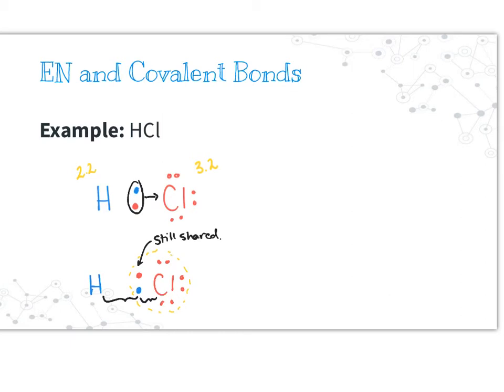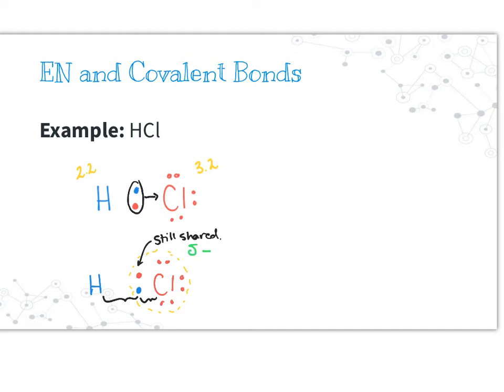If chlorine had a full octet and it owned this blue electron, it would feel negative. But because it doesn't totally own that electron, it's still sharing, just not very nicely, we say that it is partially negative.